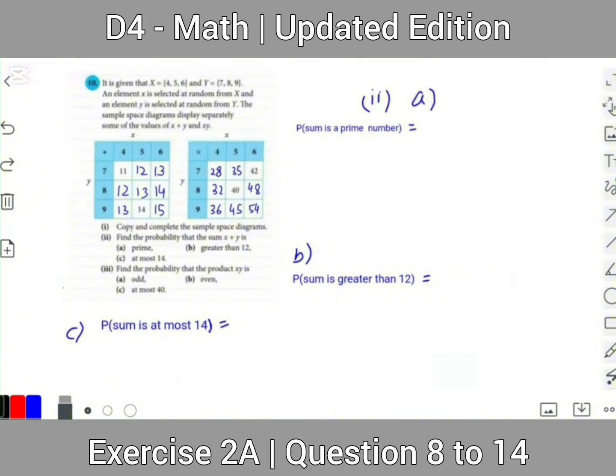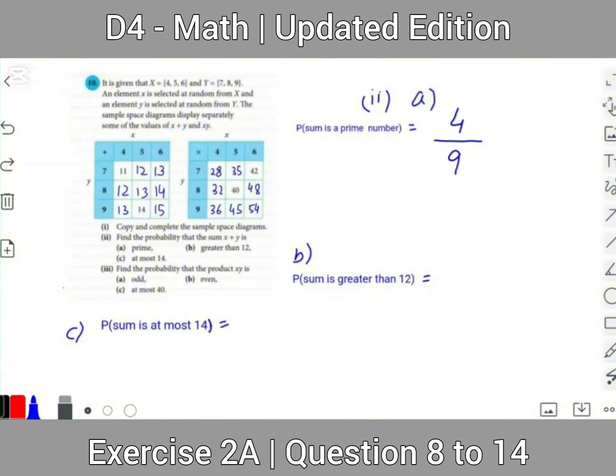Here we have 11, 13, 13, and 13. So there are 4 favorable outcomes, and the total number of outcomes in the first sample space diagram is 9. So 4 over 9 will be the probability that the sum is a prime number.